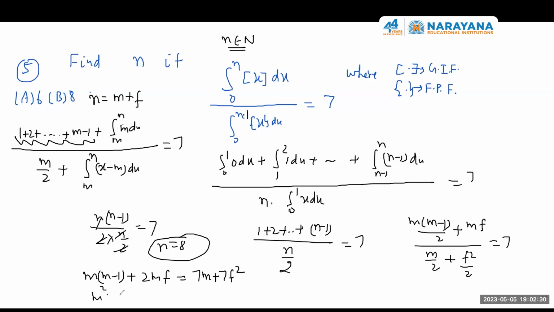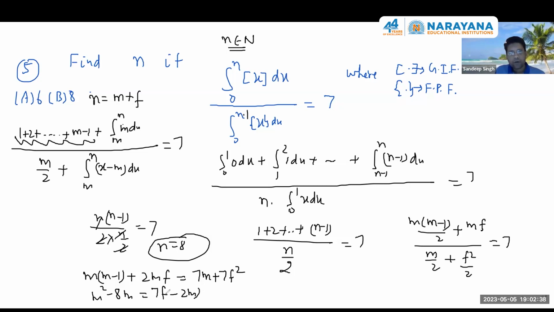So m square minus 8m will become 7f square minus 2m into f. So m square minus 8m would have become like this. Is it clear? So now obviously you have to deal with it in a manner that f is between 0 to 1. So you would have to make this a quadratic expression.